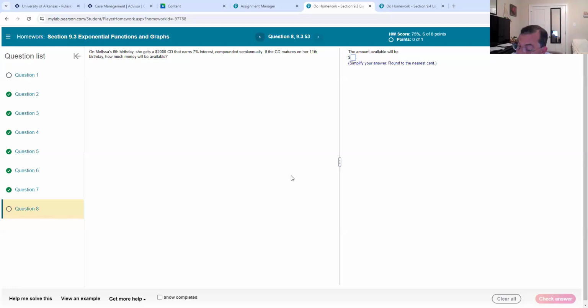If the CD matures on her 11th birthday, how much money will be available? All right, so this is the same type problem. Let's go get our formula set up.